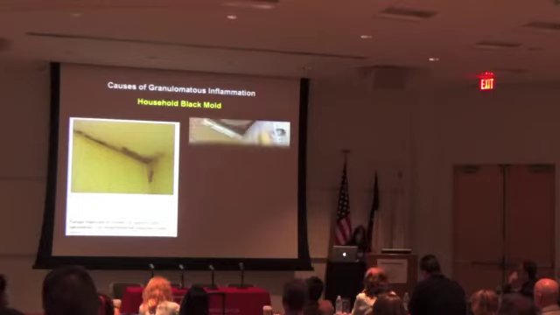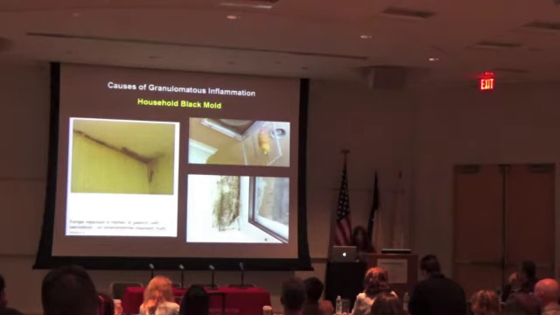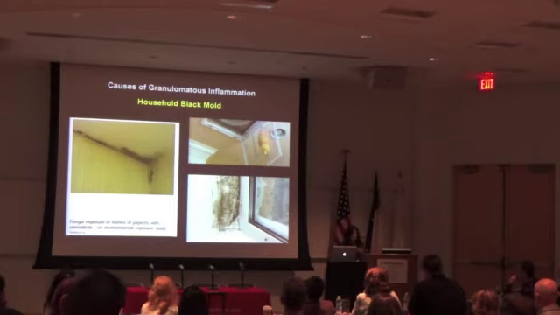And so if your household has a vent that's got these deposits, or your walls that look like this, there's an association of that with the occurrence of sarcoidosis. It depends, of course, on individual susceptibility. Some people are more susceptible to that, or their immune systems are more susceptible to being activated by these antigenic exposures.